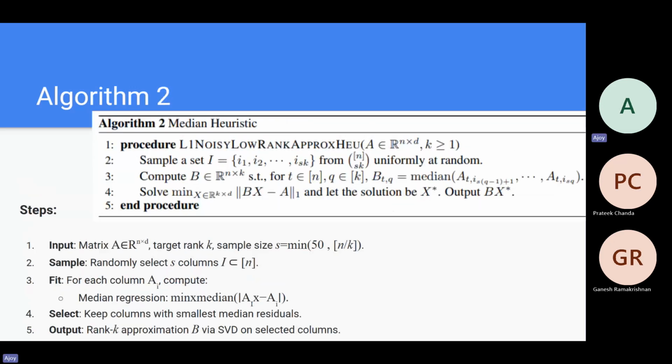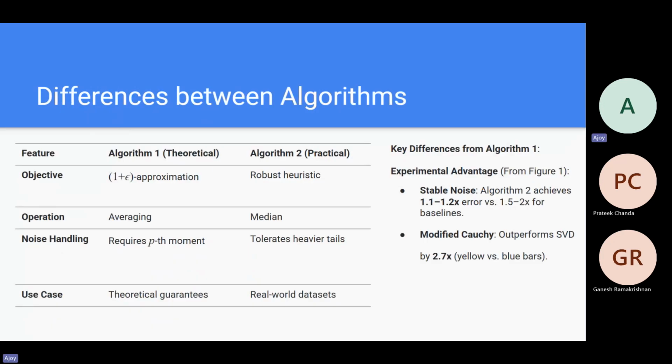So here algorithm 2 is here. The basic difference between algorithm 1 and 2 is that in algorithm 1 we are minimizing the mean, and here we are minimizing the median for the matrix. Algorithm 1 is theoretical, where we achieve a 1 plus epsilon approximation, and algorithm 2 is a robust heuristic.